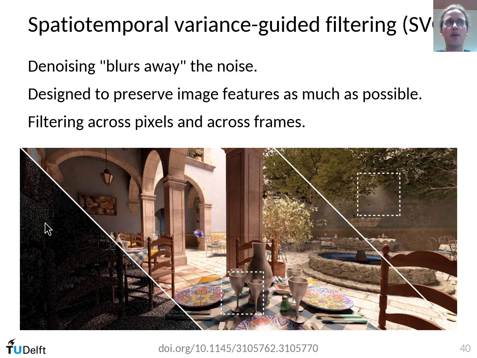But blurring everything is maybe pushing it a bit too far, because you want to preserve contours in your images, and in general sharp features should be preserved as much as possible. So spatial temporal variance guided filtering is a denoiser that uses temporal coherence, it reuses previous frames, and it also blurs across pixels in a way that preserves features as much as possible.